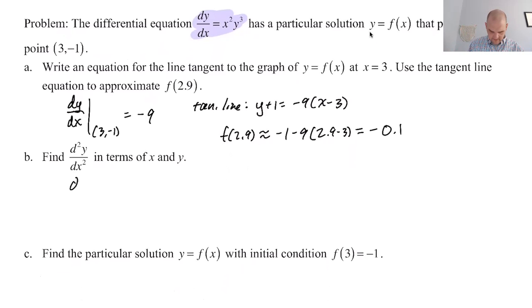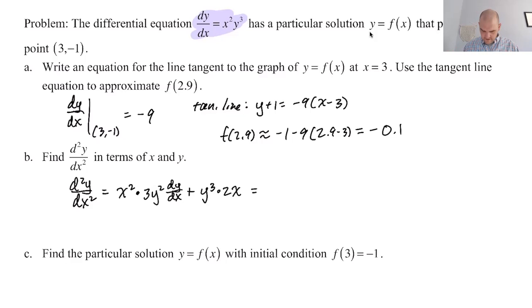So the second derivative. Remember, we're going back to the differential equation. It's a product, so we're going to use product rule. First times the derivative of the second, which is 3y squared dy/dx, plus the second, y cubed, times the derivative of the first, which is 2x. But we're not allowed to leave that dy/dx.